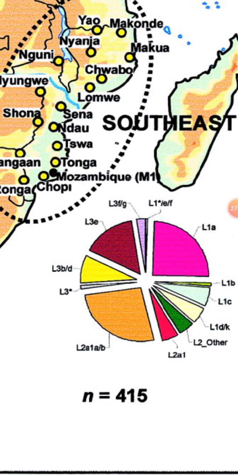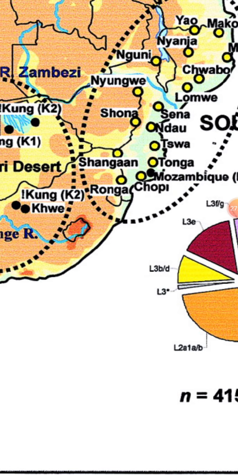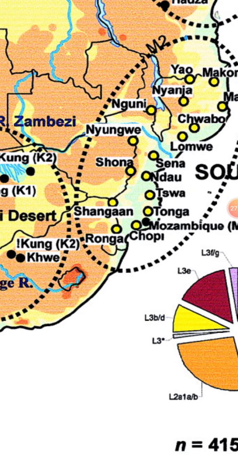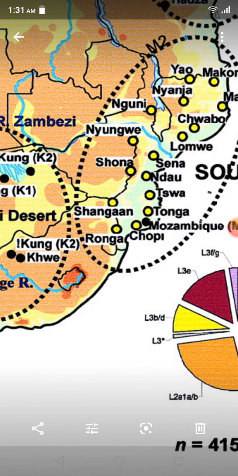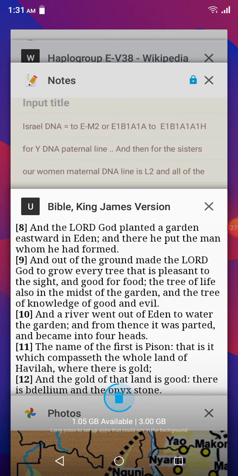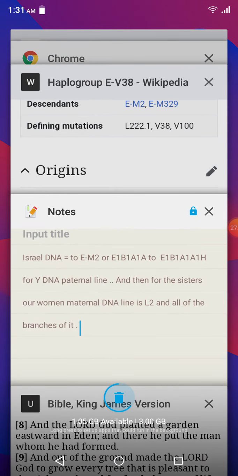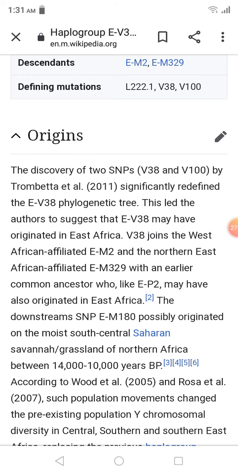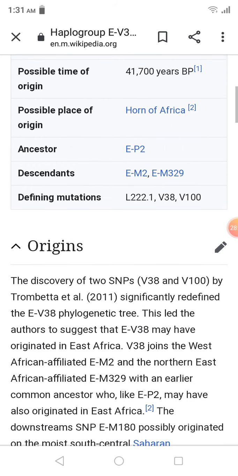L3, all the L3s are dealing with the Shemitic Edomite women. So we got that out the way. So now we get into this part.